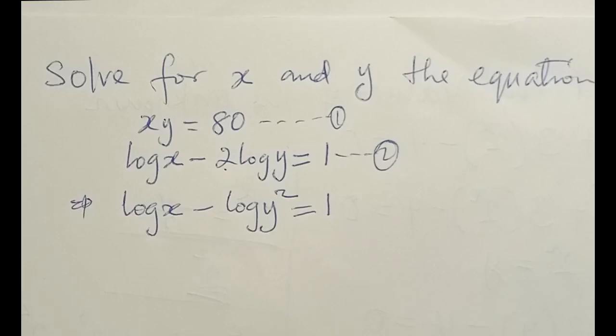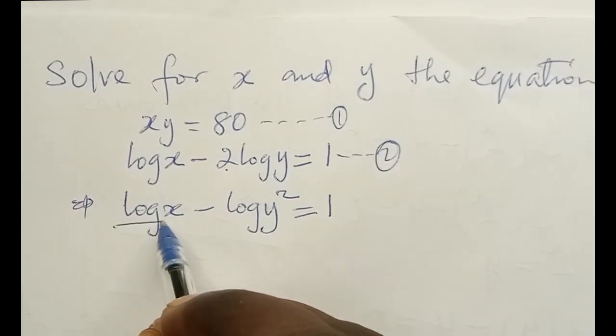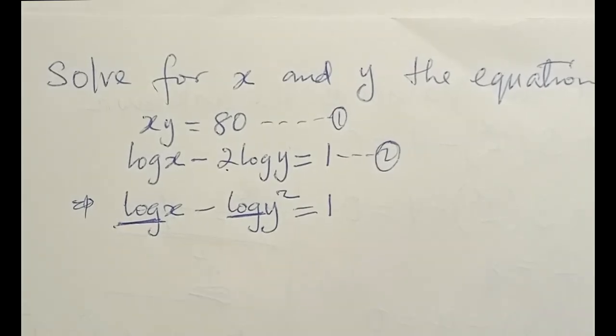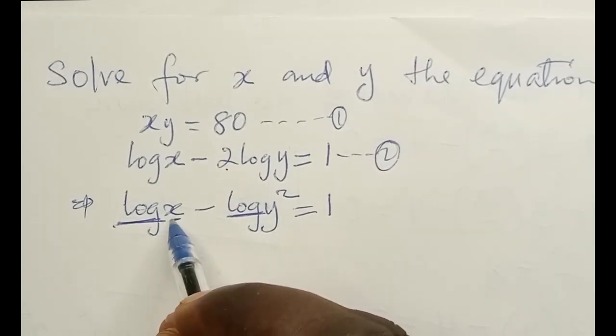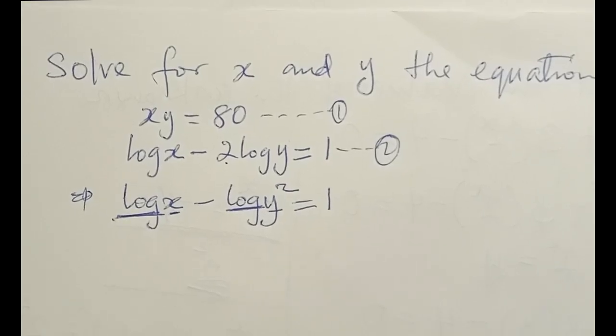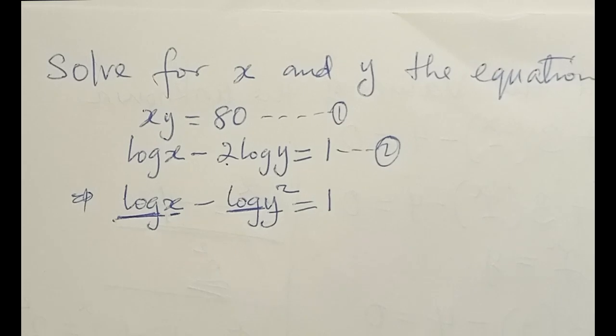The reason why I'm doing this is to make sure that I have the same log here and here, so that the unknowns x and y are on their own. Then I can easily express it using the law that states that if we have 2 logs of the same base with a minus, then we can divide.